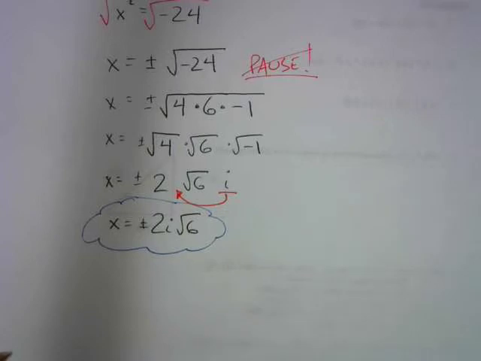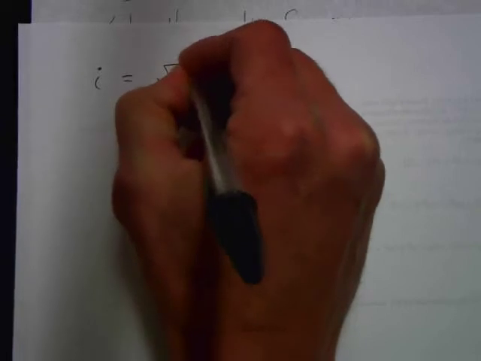So here's the deal with i. We're going to remember some properties of i, right? Now, we know i. We just met him anyway, and we know i is the square root of negative 1. Okay? Now, if that's the case, what if I took i and raised it to the second power? What would that do?